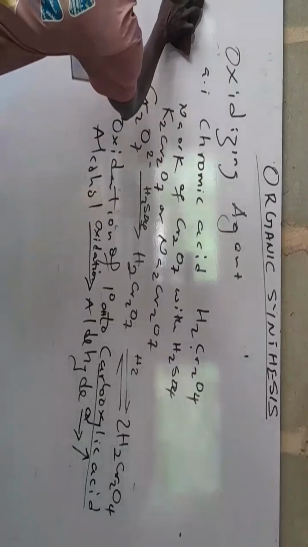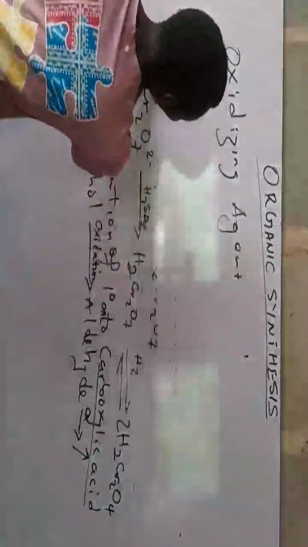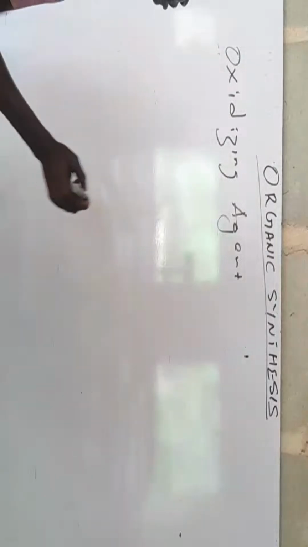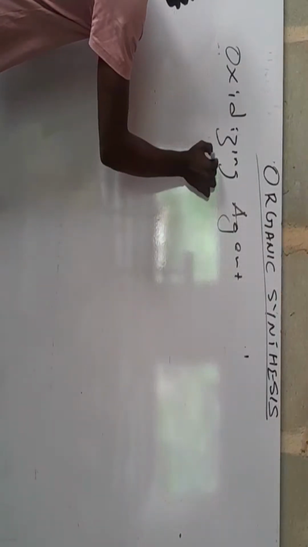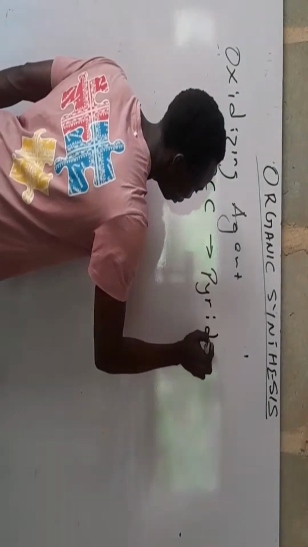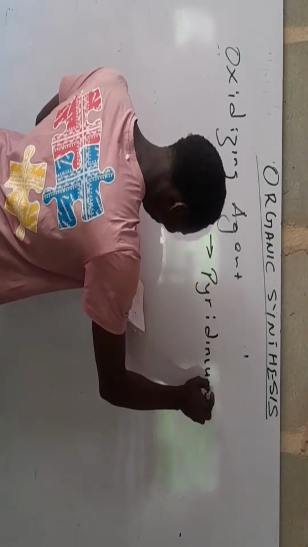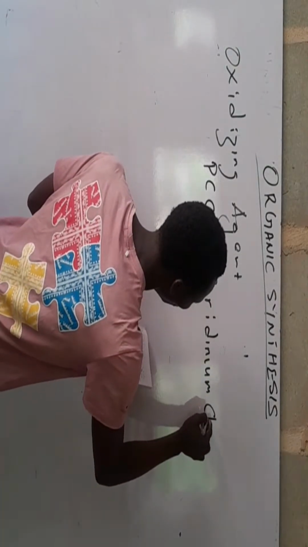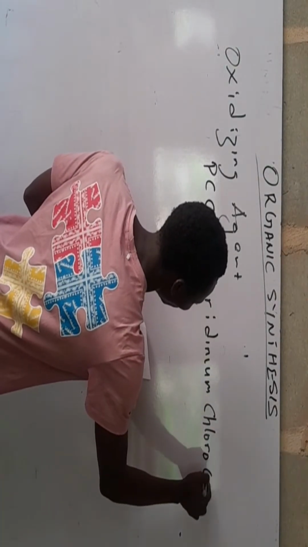First of all, before we talk about the usage of PCC, we need to talk about the preparation. So I've mentioned the first oxidizing agent. The second one now is PCC, pyridinium chlorochromate.